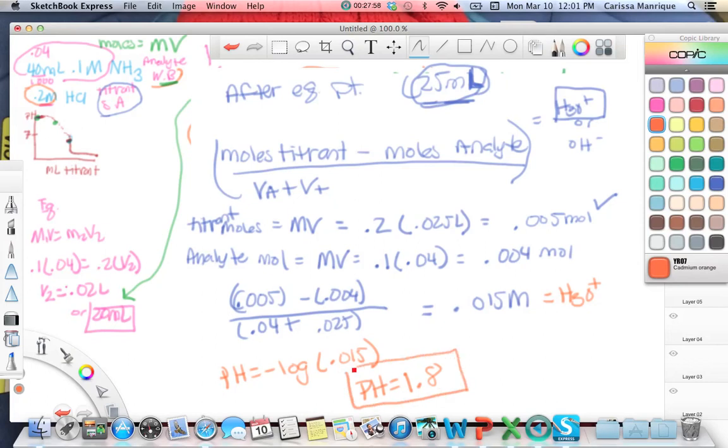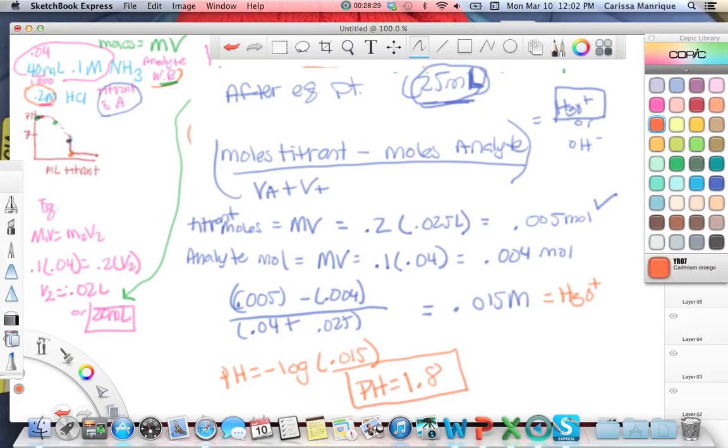So when I've added 25 milliliters of a really strong acid, my pH drops significantly from the equivalence point to right here. At equivalence point, the pH was about 5. I added just 5 more milliliters of this acid, and it dropped all the way down to 1.8. So I started off pretty basic, and by the end, the more acid I add, the lower the pH becomes.